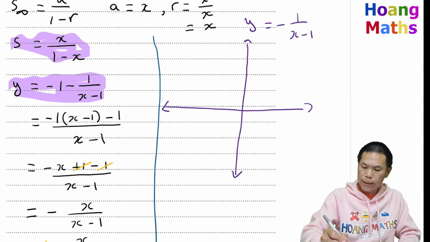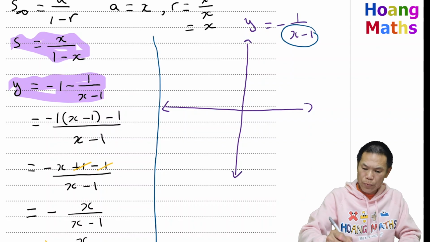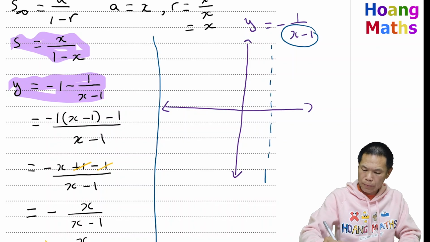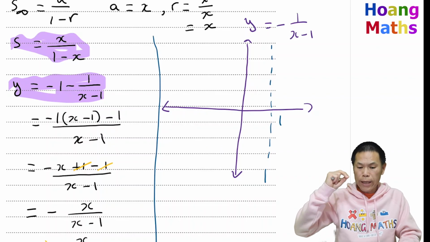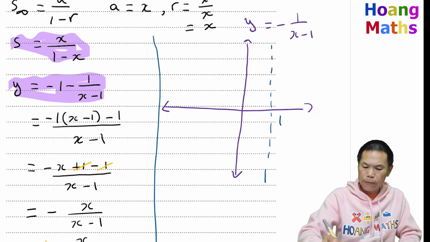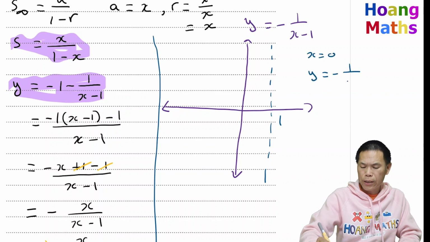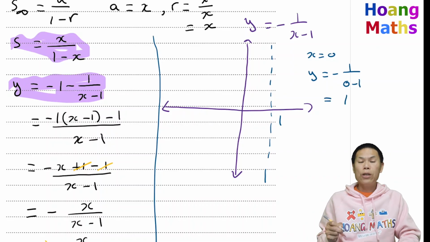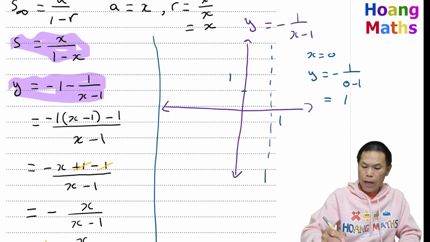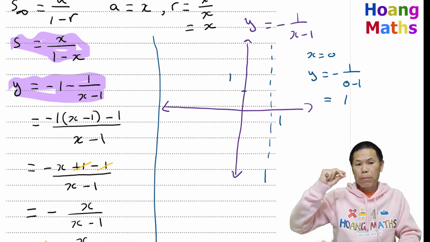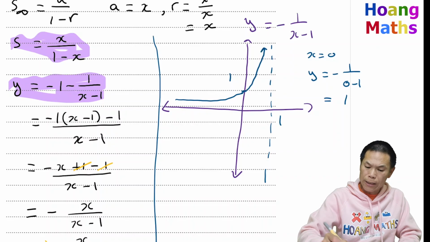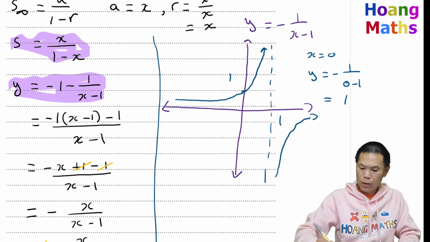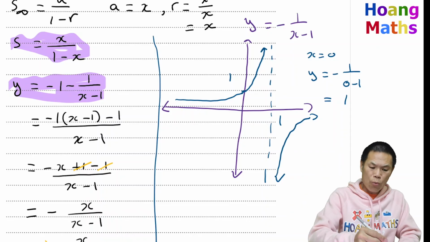We know that x cannot be equal to 1, so 1 is here. Then we can find the y-intercept, that means when x is equal to 0. So y equals negative 1 over 0 minus 1, which gives me 1. So 1 is here. And when x approaches infinity, y becomes 0. If you think about it, it is a hyperbola function, like this. So your graph should look like this.